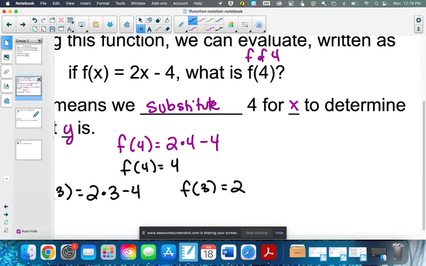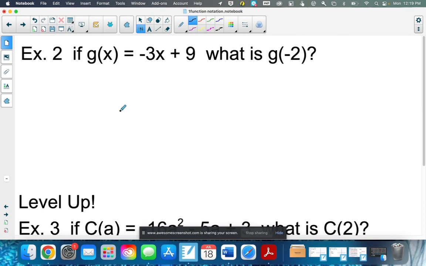All right, so let's try some more. If g of x, and yes, you can use g, the most common letters that you will see are usually f, g, and h, but it could be pretty much anything as long as there are the parentheses with the x there. They're giving your function a name. So if g of x equals negative 3x plus 9, what is g of negative 2?